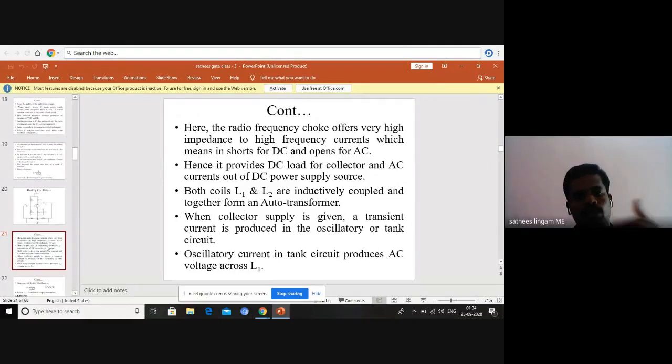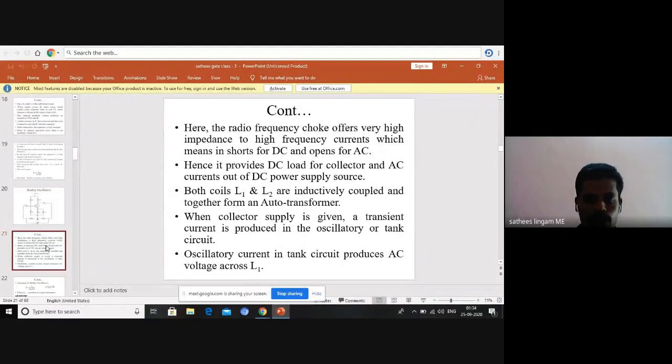But the thing is, where we are receiving that oscillation. That oscillation is created by both coils L1 and L2, which are inductively coupled and together form an auto transformer. Why do we say transformer? Because there is a primary winding and a secondary winding, and if they are coupled, it is called a transformer. Here they are inductively coupled.